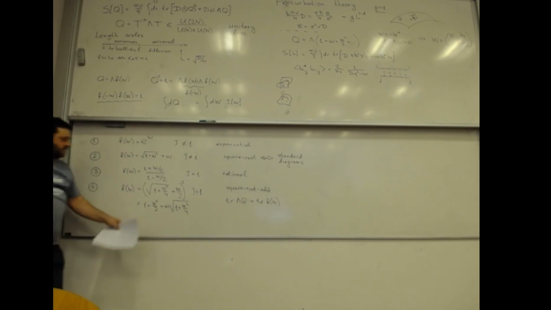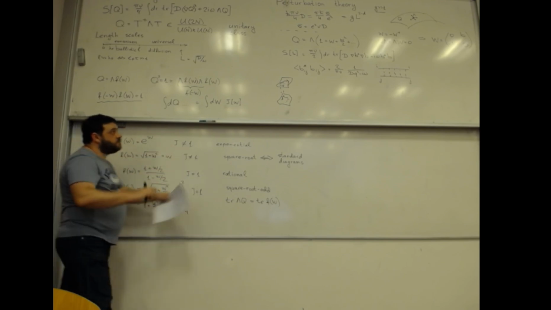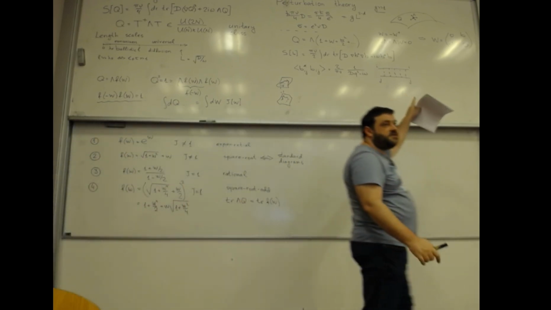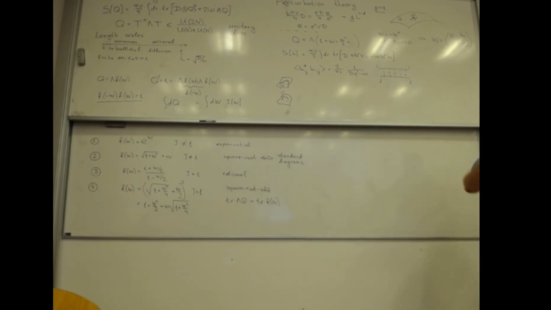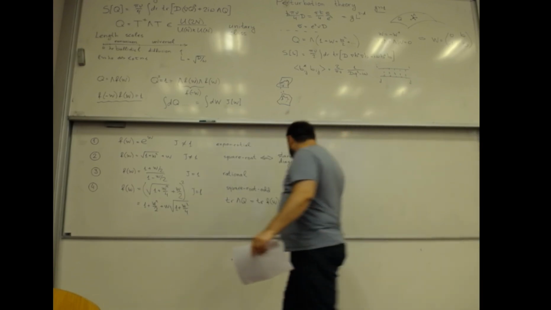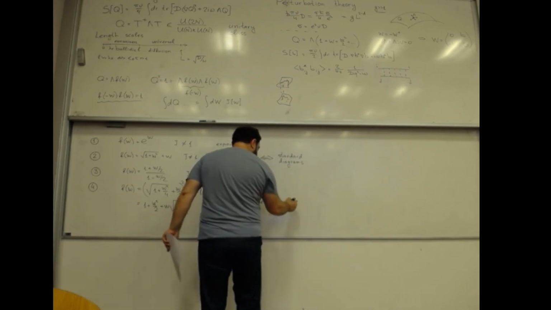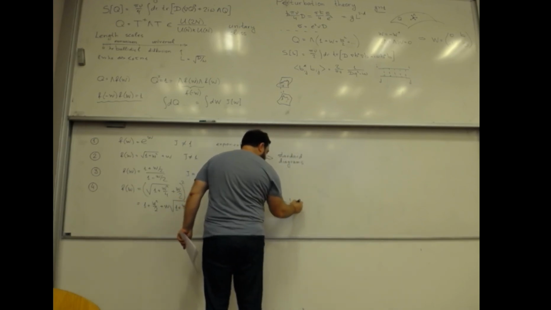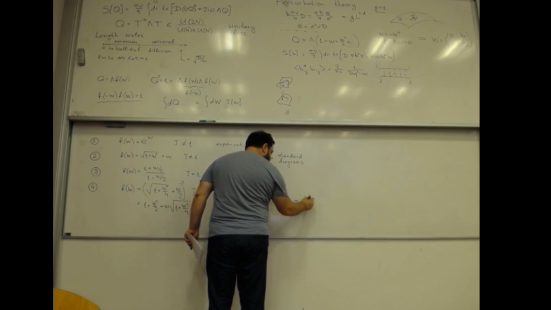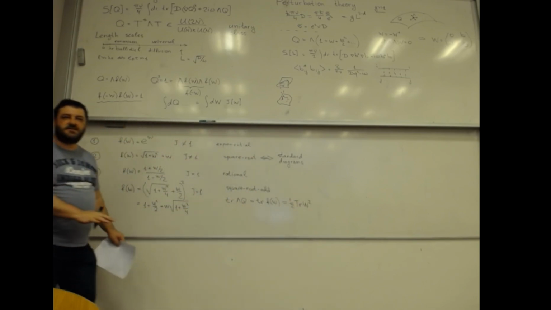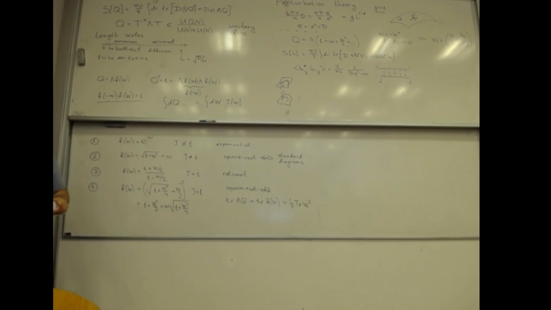You can omit all odd powers because w is an anti-diagonal matrix. It has zeros on the diagonal, w cubed has zeros on the diagonal, w to the 5 has zeros on the diagonal. So this thing is just equal to 1 over 2 trace w squared. This is an exact identity. There are no further terms.